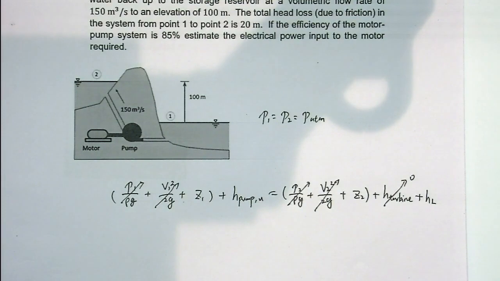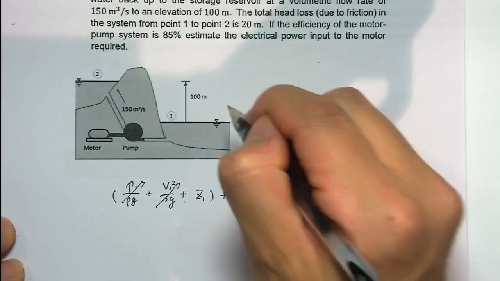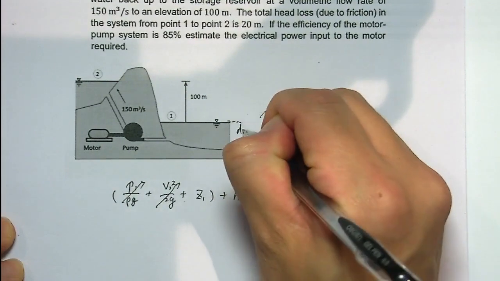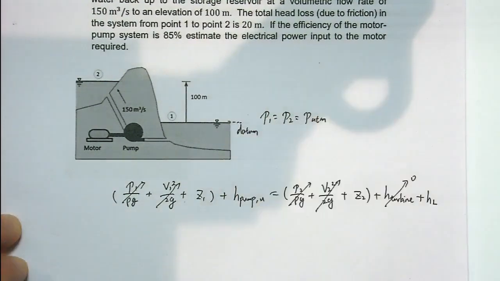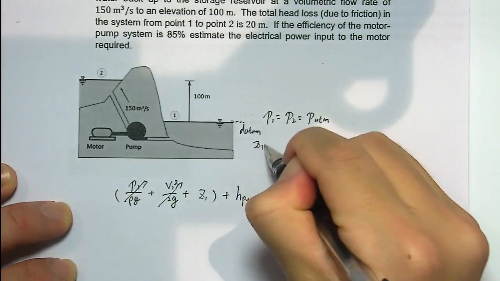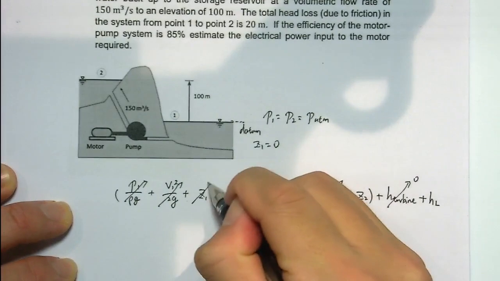And also, if we take position 1 as the datum, then Z1 is 0, because we take that one as the datum.